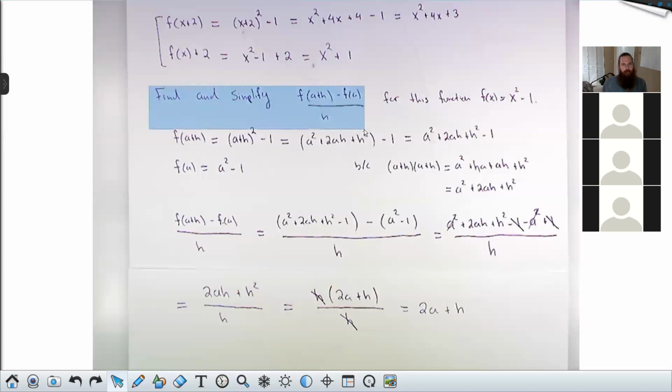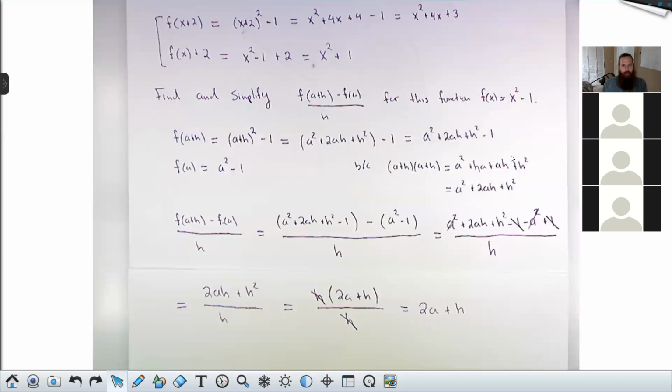So how do we feel about this difference quotient? Are there any questions about how f of a plus h became this piece? Yeah, we'll absolutely do another example. Any questions about why either of these objects were what they are here?